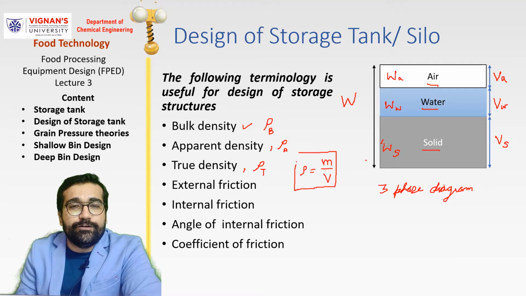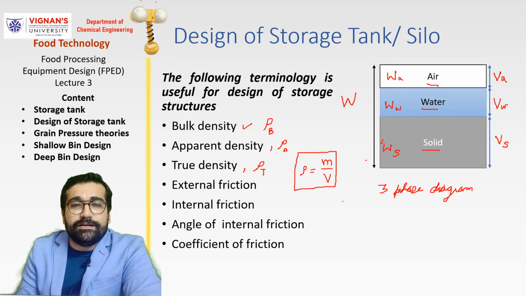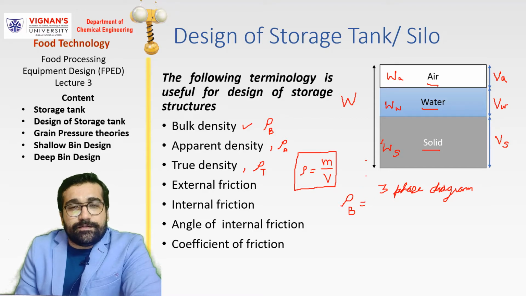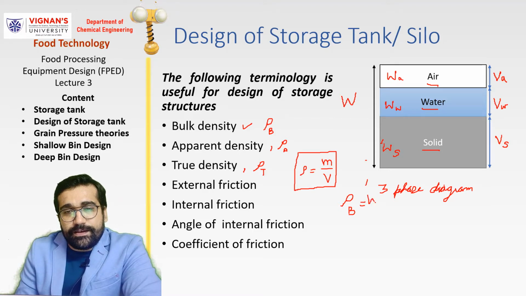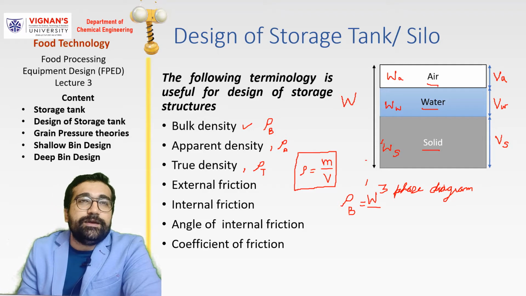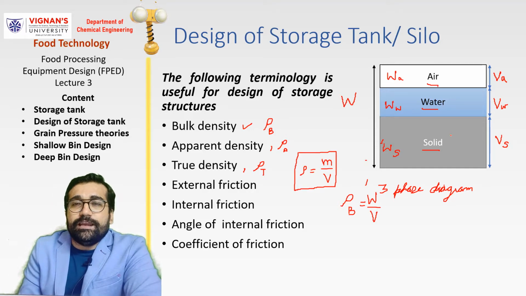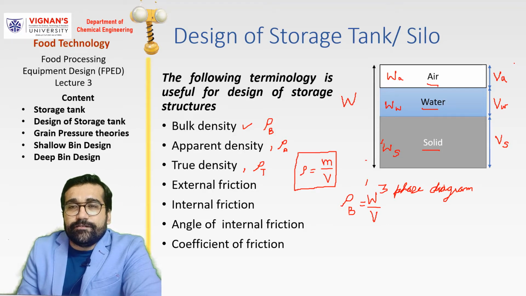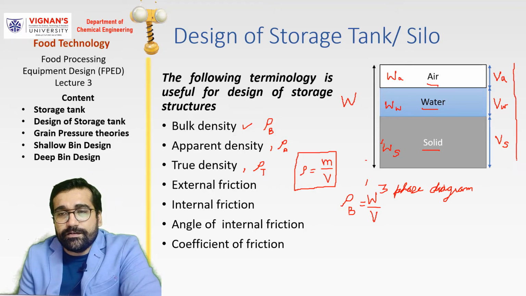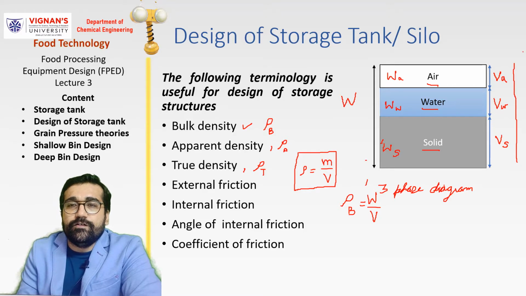Density is nothing but mass by volume. So what do we mean by bulk density? Bulk density is nothing but total weight of material divided by total volume of material. Let V be the total volume of material.